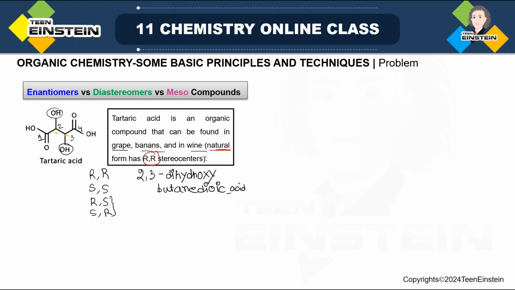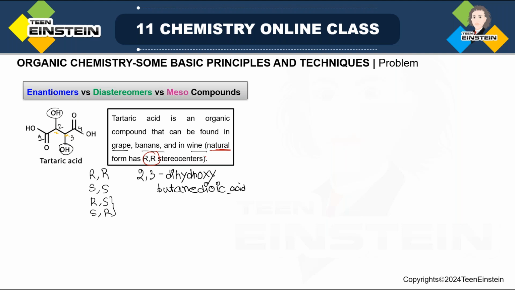If you consider natural compounds in fruits or anything else, when a natural compound has chiral centers, the active compound, that is the natural form, will always have some fixed stereochemistry.